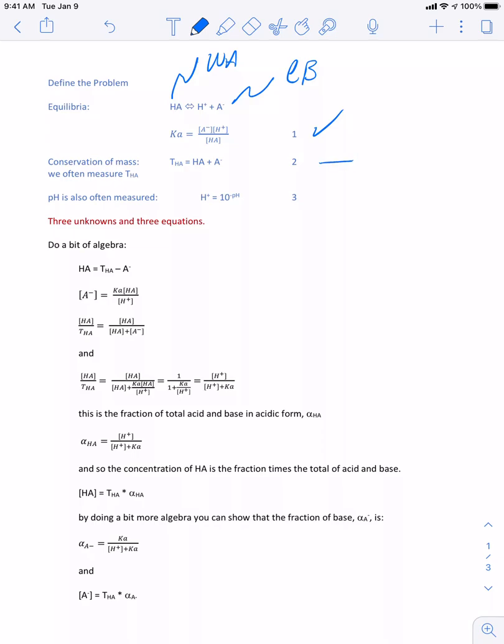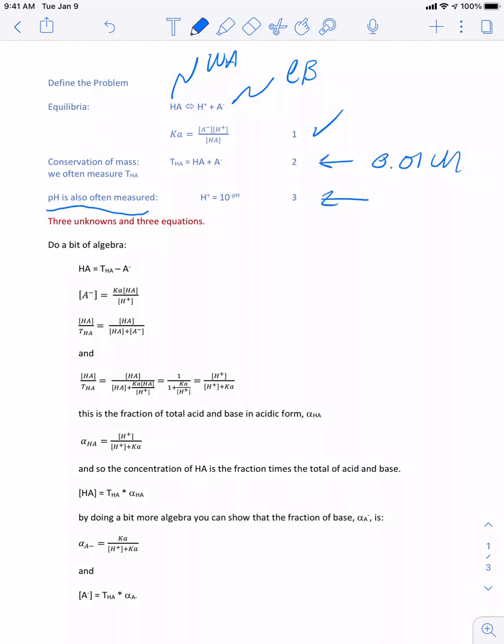So in this problem, let's assume it's 0.01 molar. So it would be measured. And the last variable is the H plus concentration. Since pH is often measured, and in this case pH is measured, we also can compute the H plus concentration.